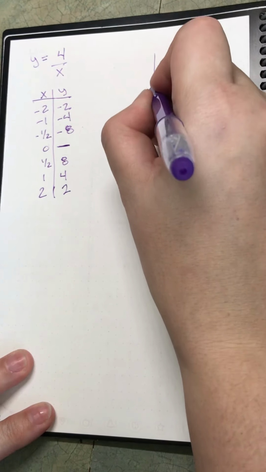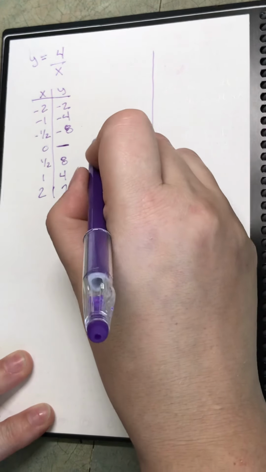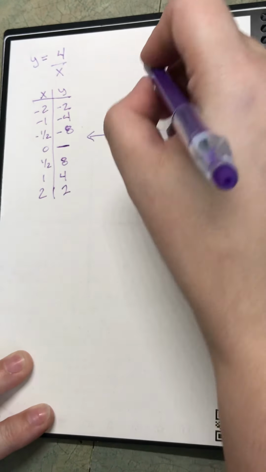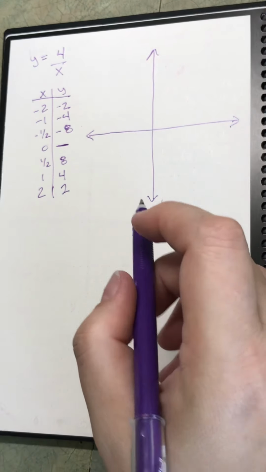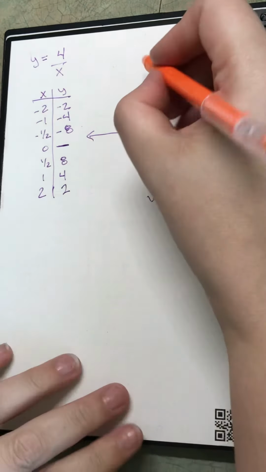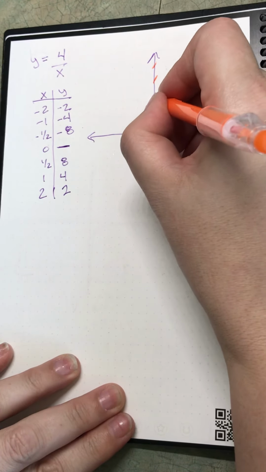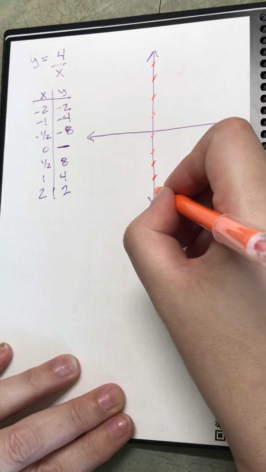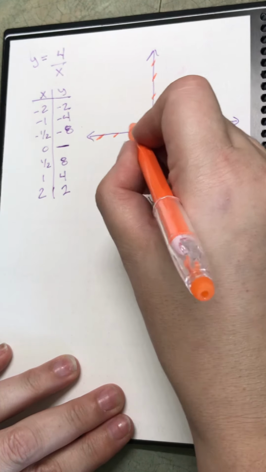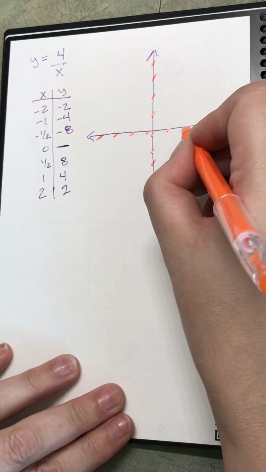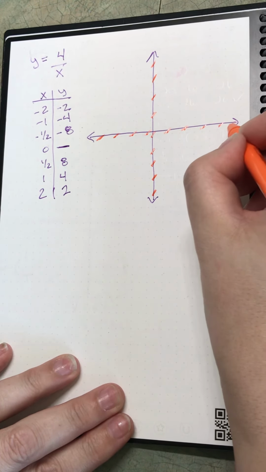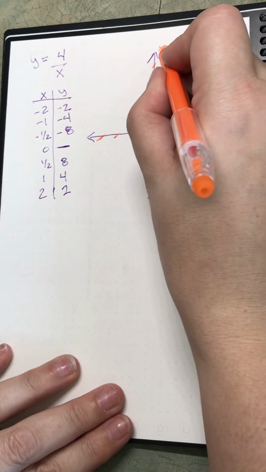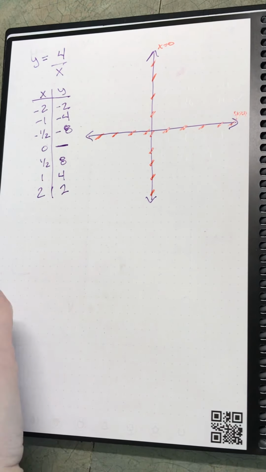So when we graph it, I did not draw my graph very well here, but that's okay. I still am going to have the asymptotes in the same place. So I have y equals 0, and I have x equals 0 as my asymptotes.